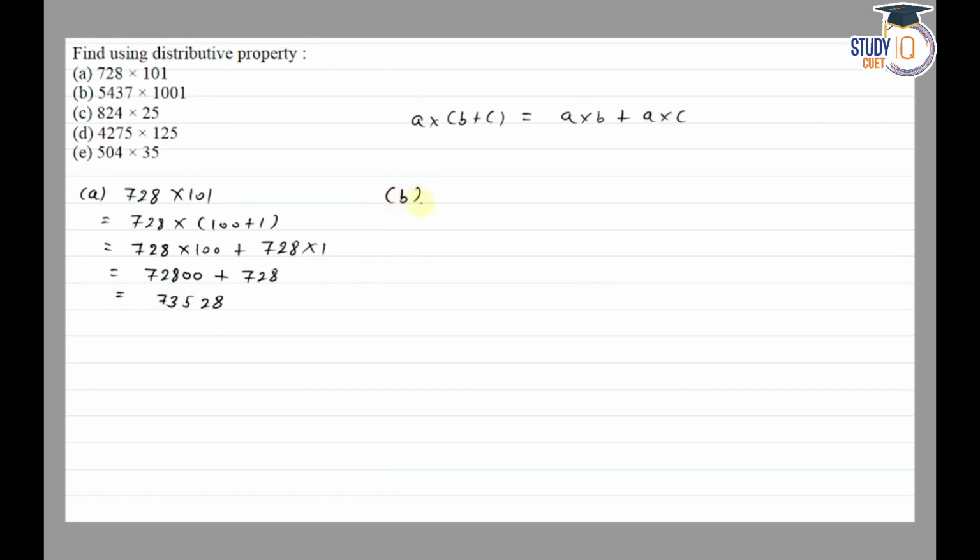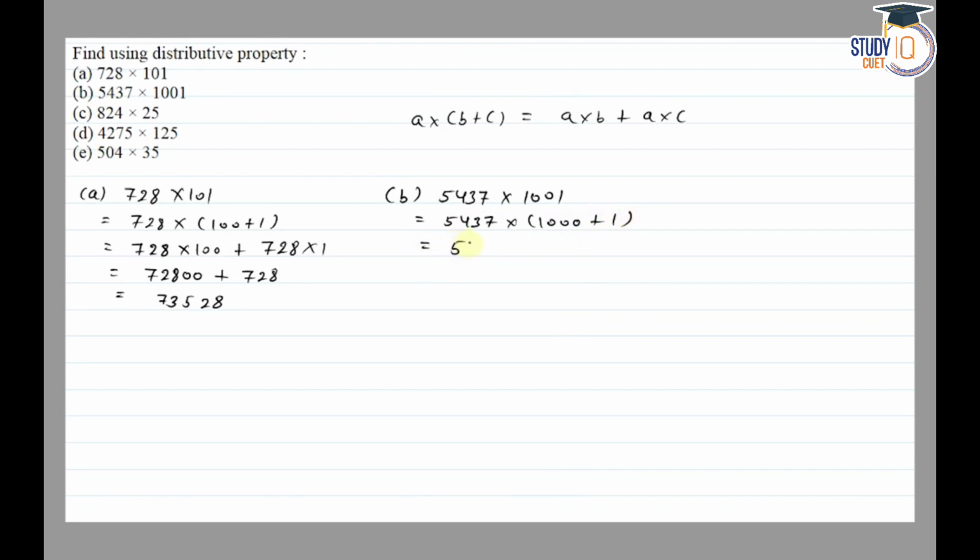Part B is 5437 into 1001. So इसे हम ब्रेक कर लेंगे 1001 को 1000 plus 1 में.